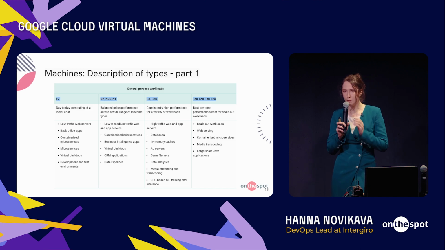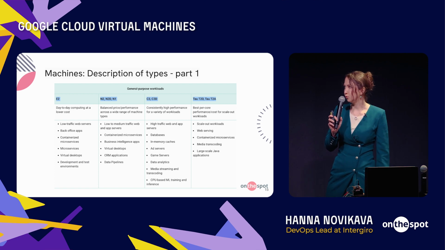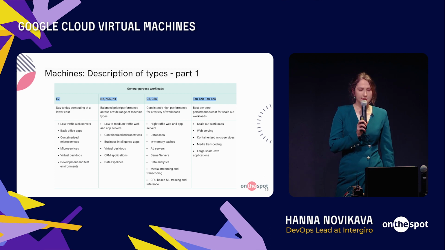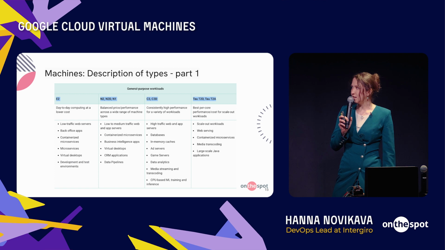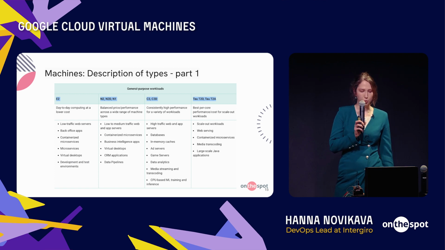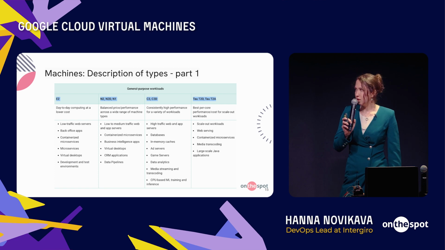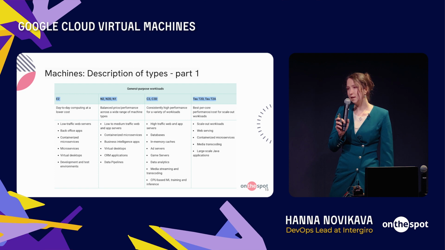Here we can see some more details about types of virtual machines. The main idea is a description of the types and where they can be used. For example, E2 instances can be used everywhere, but they're cheaper and provide less performance than N2 types.